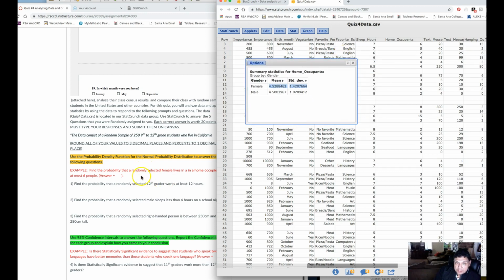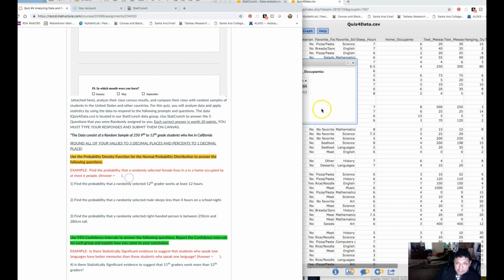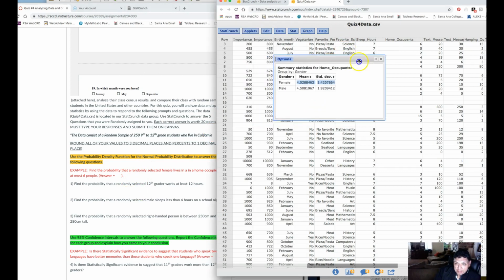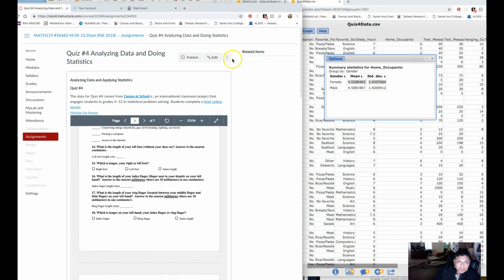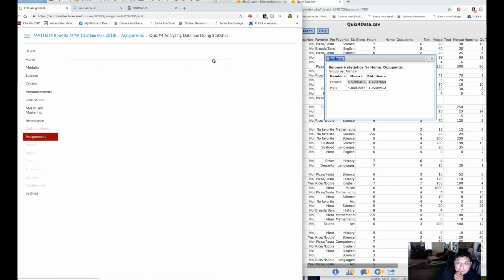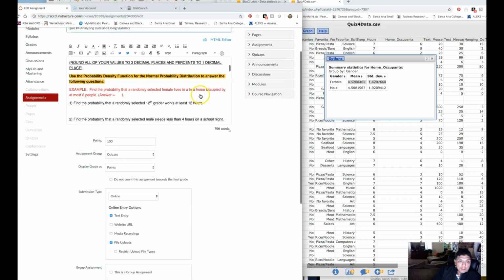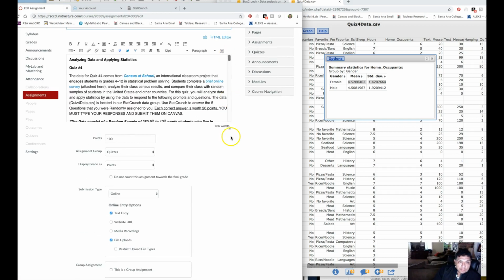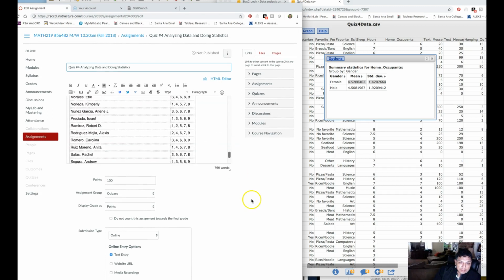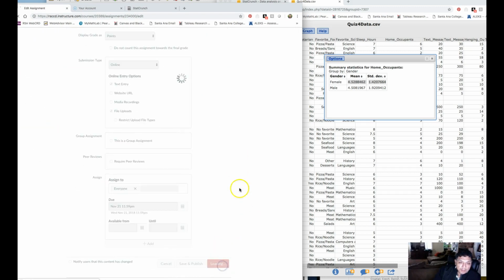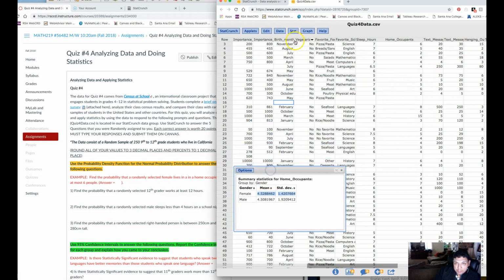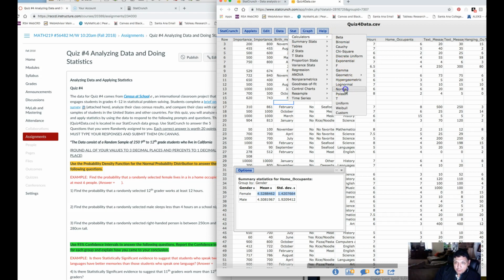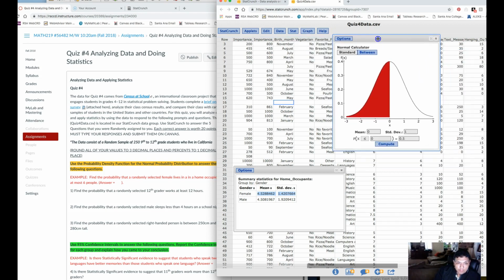Now I need to use those numbers. I'm going to go to stat calculators, and choose normal.